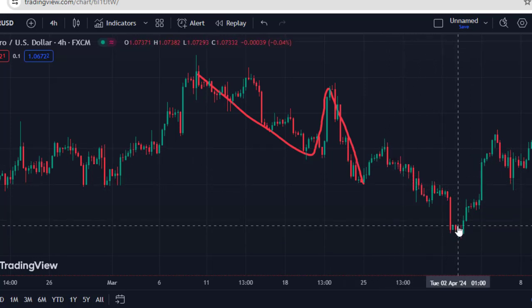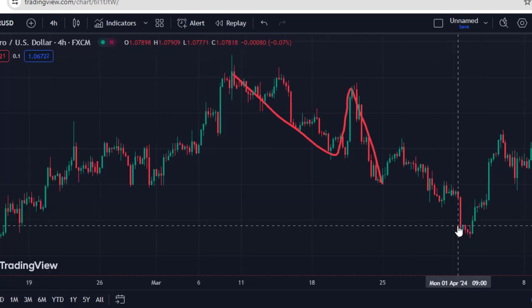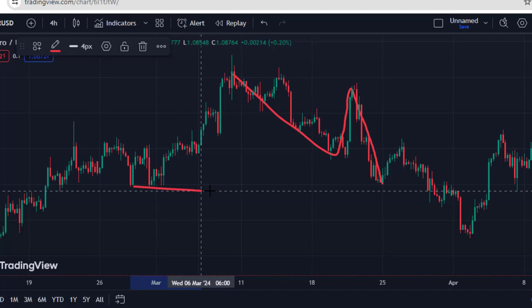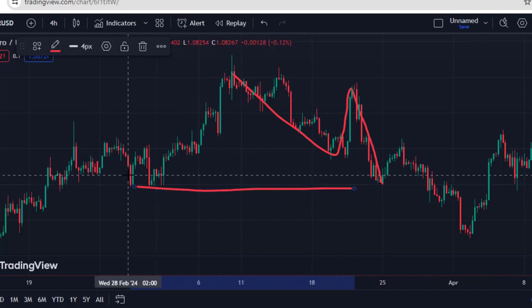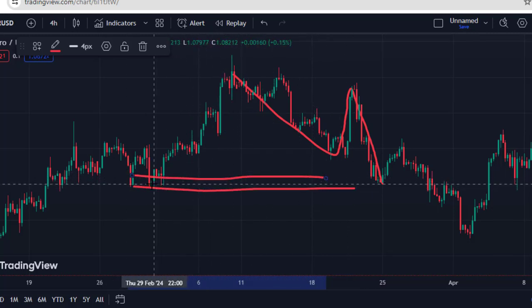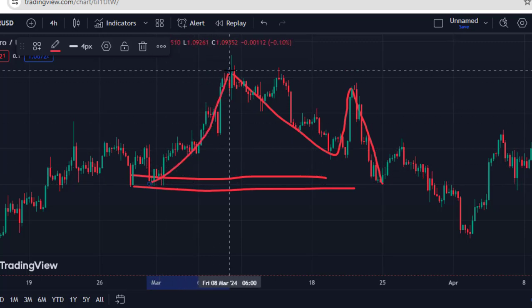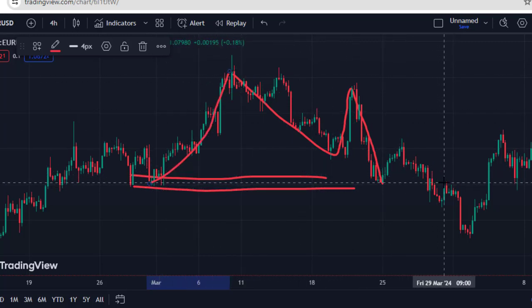This was when you can now say that the market has broken structure. Which structure? This structure right here that the market moved upward from in the past. So the market moved up from here, and then we see a break of structure around this area right here.